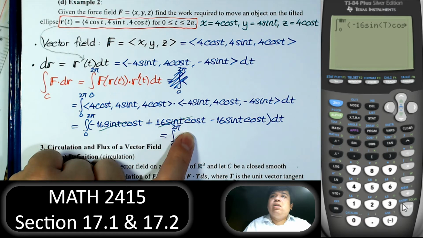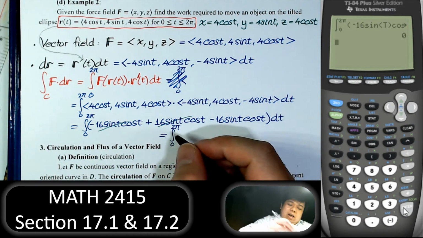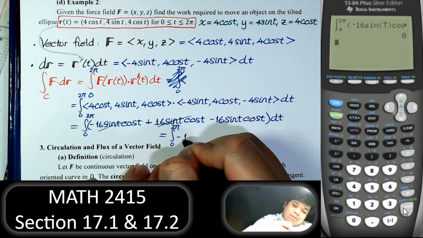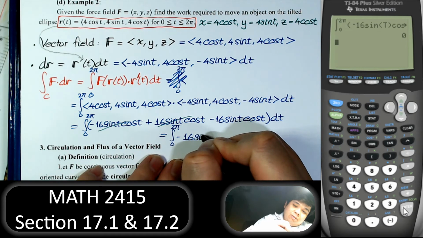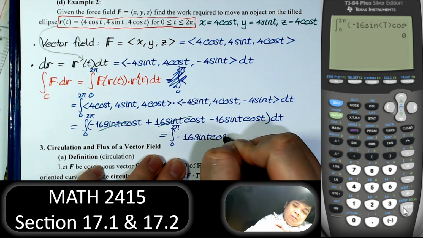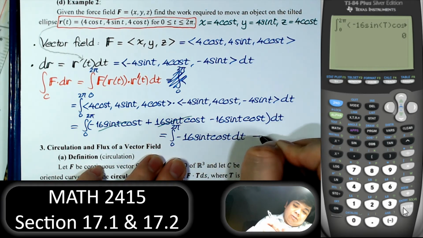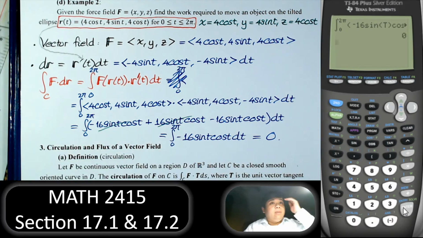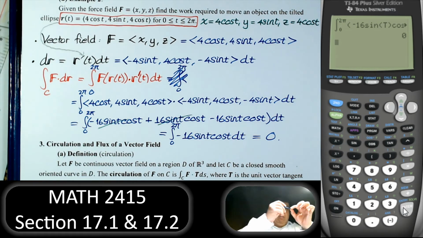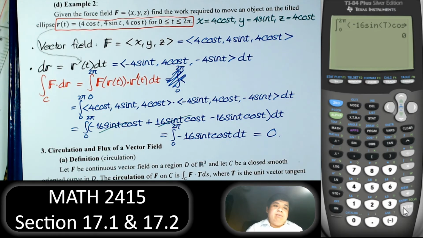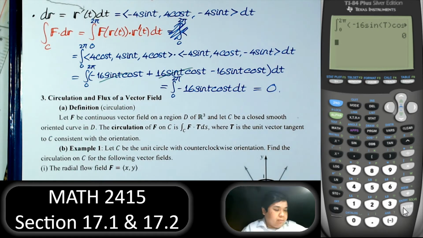Cosine at 0. So the work done is 0. So we move from one point, move up, and then move back to the same place. In that case, that's equal to 0. Right.